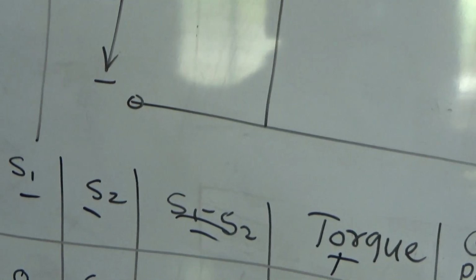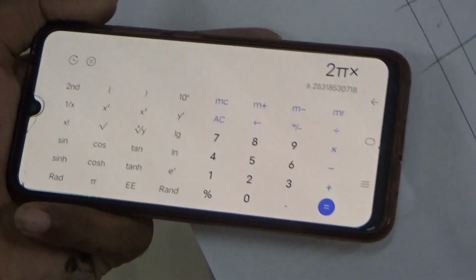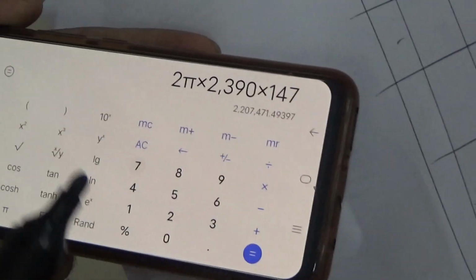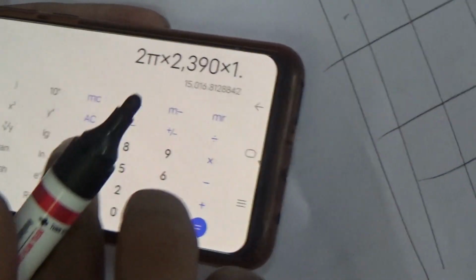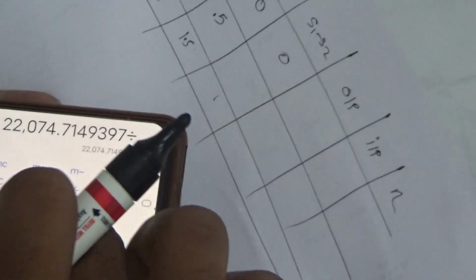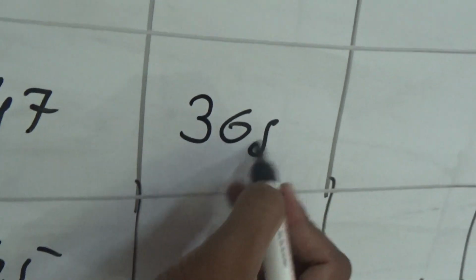Now output power we will calculate here. So 2 into pi into N, that is the speed. First of all here it will be 0, then 2 pi into 2390 into torque 1.47 divided by 60, so that will be 367, that means around 368.